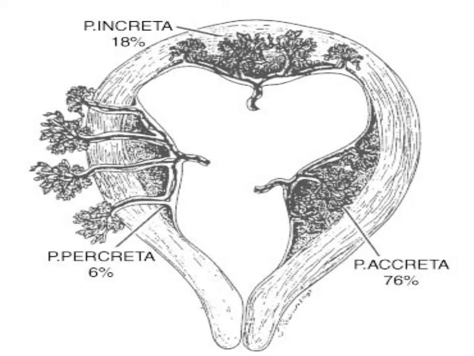On this image, you may see placenta accreta, when placenta villi are attached to the myometrium; placenta increta, in which placenta villi penetrate the uterine muscle but do not penetrate the uterine serosa; and placenta percreta, when the placenta villi penetrate the myometrium and uterine serosa.